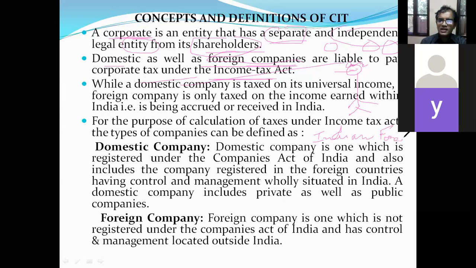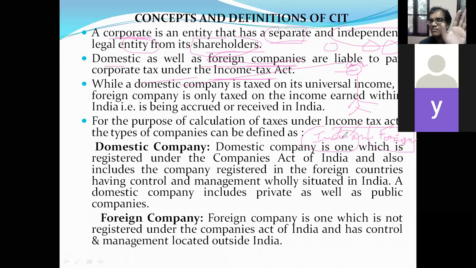What is foreign income? What is Indian income? Also, we will come to know about that in today's class only. Don't worry. So, Indian companies have to pay tax on Indian income as well as foreign income, whereas foreign companies, they have to pay income tax only on the income earned in India.